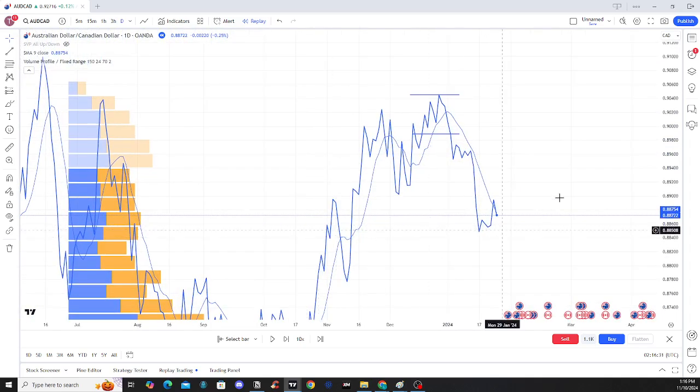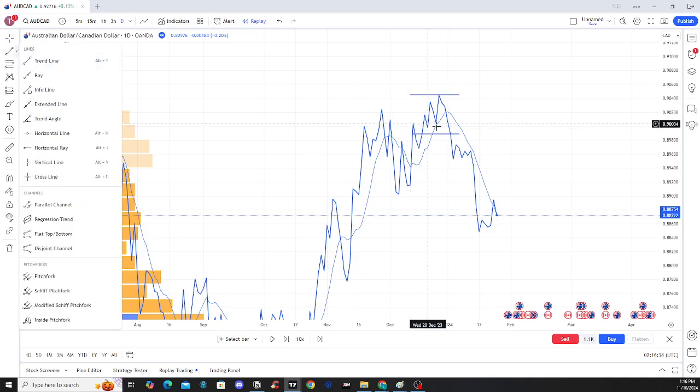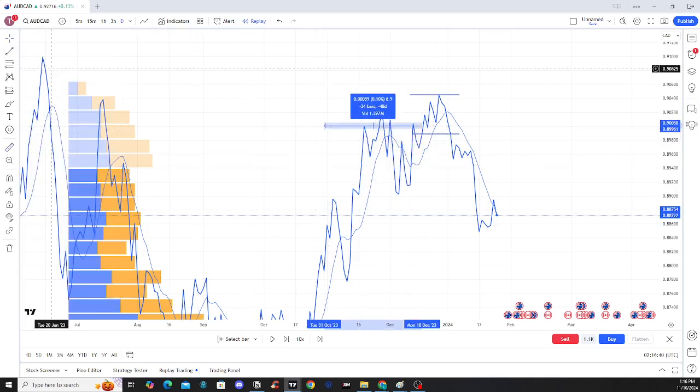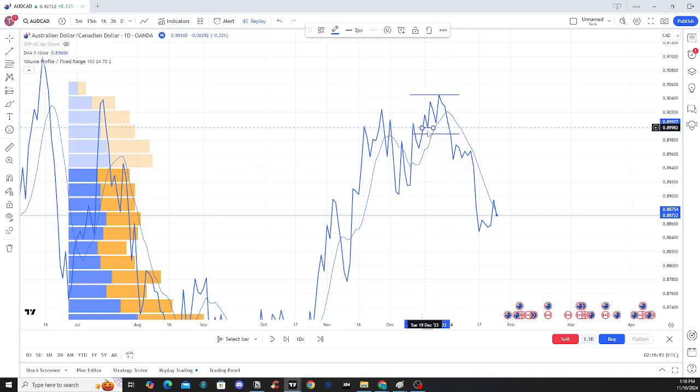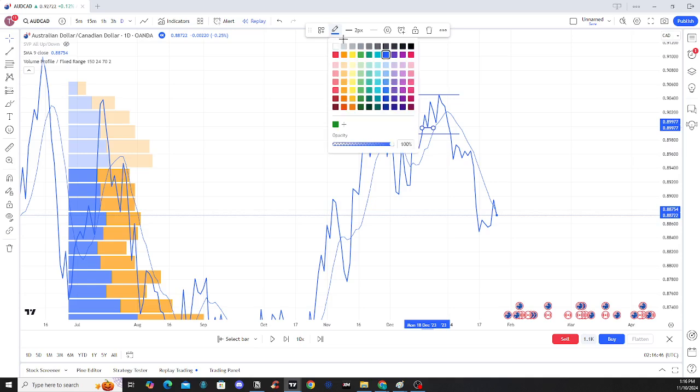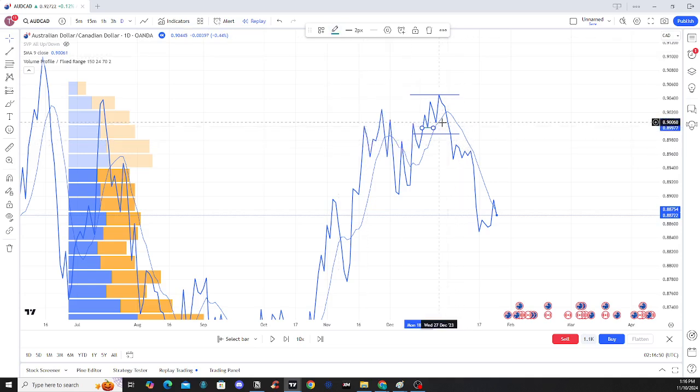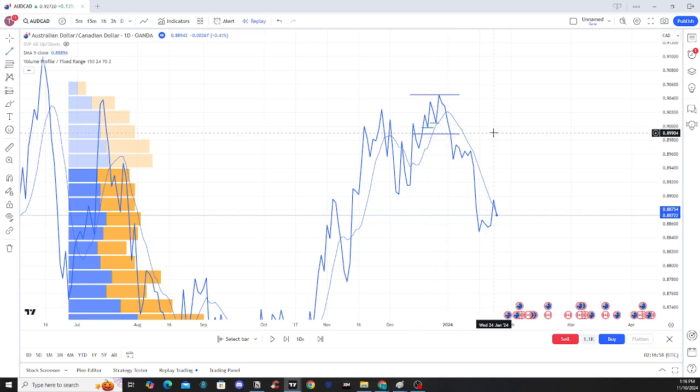And so on the daily, we have these specific areas where price retested the SMA, and I'll just mark those areas in a trend line of green. So specifically, I just want to look at these two areas first.